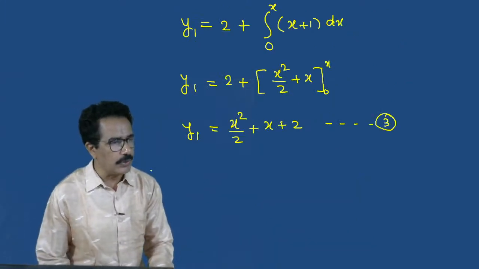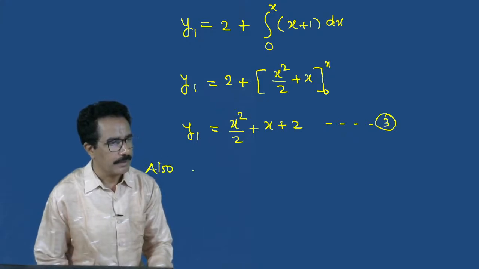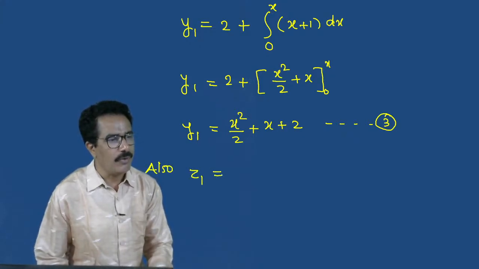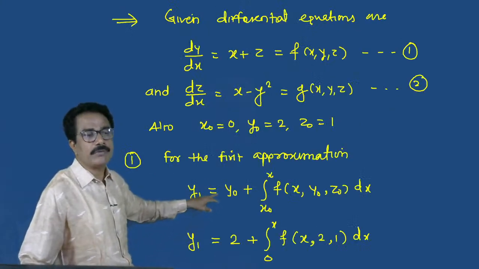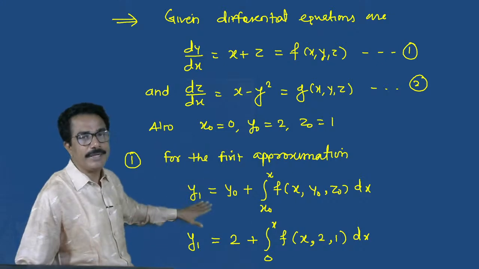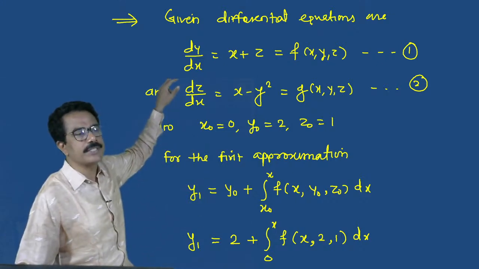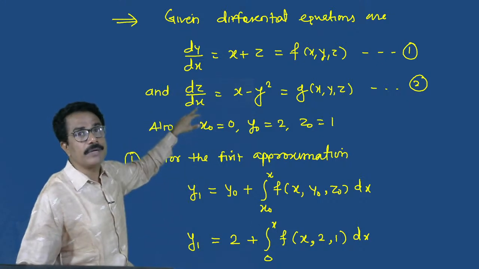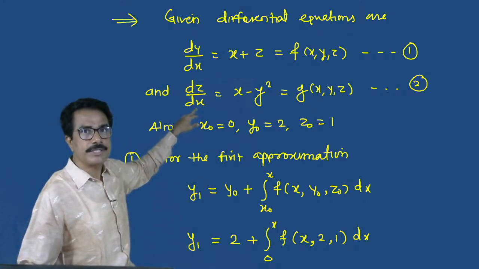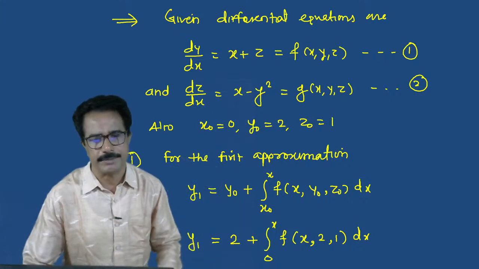So also z1, the same process which we have used to calculate y1. Y1 can be calculated by using the first differential equation dy by dx. Similarly, we can calculate z1. This is the first approximation for the second differential equation.